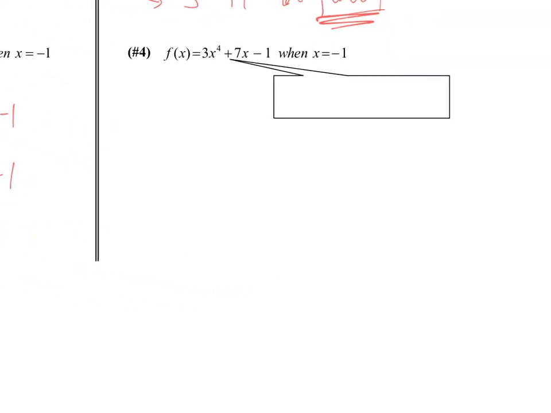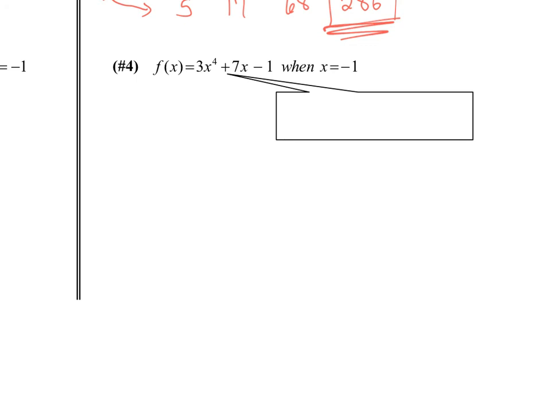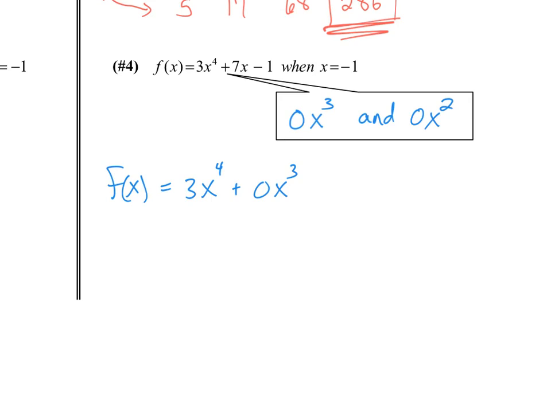Synthetic substitution, which is that new thing, the tricky part here is remember to put in your zeros. So we have 0x to the third, and there is a 0x squared that we have to add in here. So this would be f of x equals 3x to the fourth, and then there's a 0x to the third, a 0x squared, and then we have 7x minus 1.